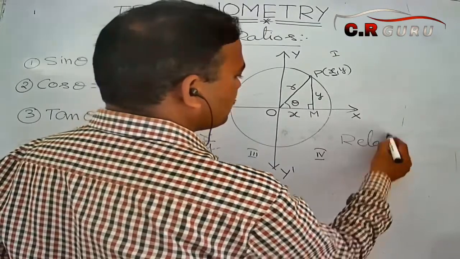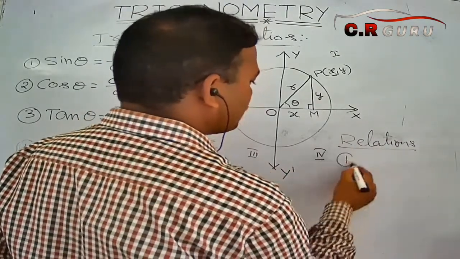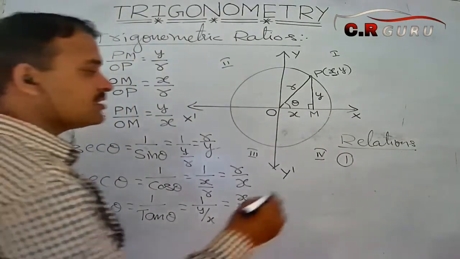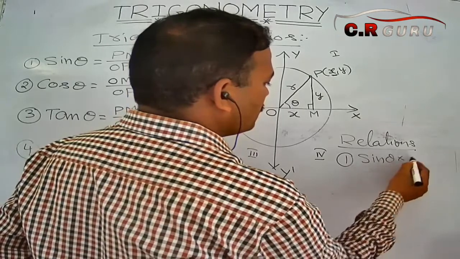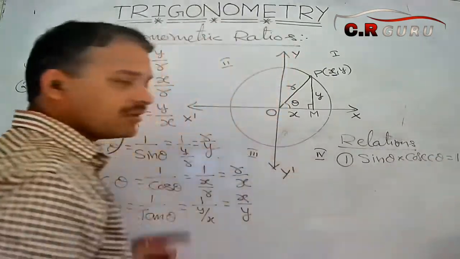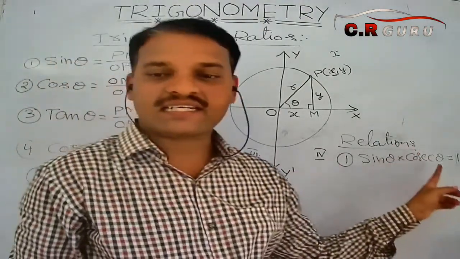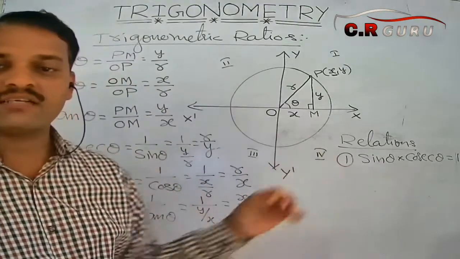Now, the relations between these trigonometric ratios. What is the first relation? Sin theta into cosecant theta is equal to 1. Why? Because the reciprocal of sin theta is cosecant theta. Sin theta and cosecant theta get cancelled, then you will get 1.